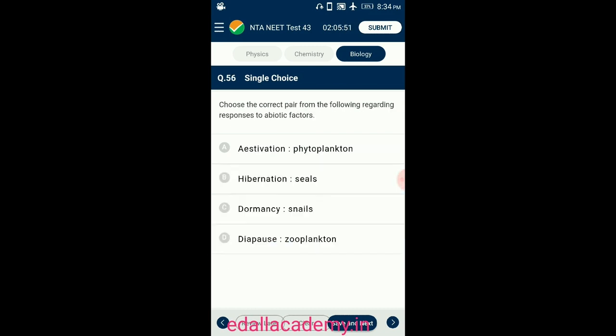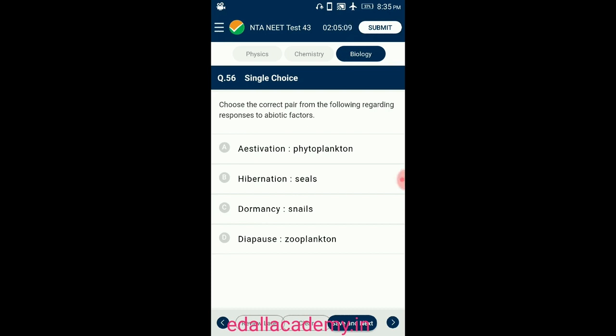Question number 56. Choose the correct pair from the following regarding responses to abiotic factors. In higher plants, seeds and some other vegetative reproductive structures serve as means to tide over periods of stress, besides helping in dispersal, and germinate to form new plants. Under favorable moisture and temperature conditions, they do so by reducing their metabolic activity and going into a state of dormancy. In animals, organisms unable to migrate might avoid stress by escaping in time.